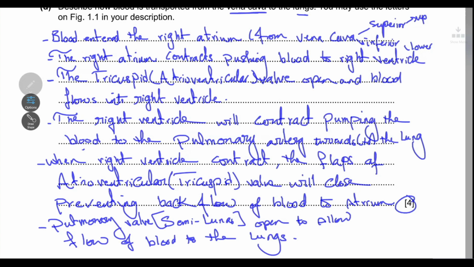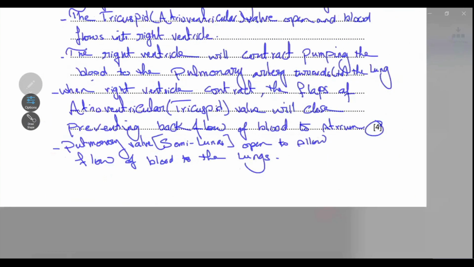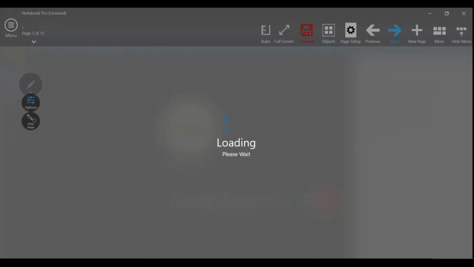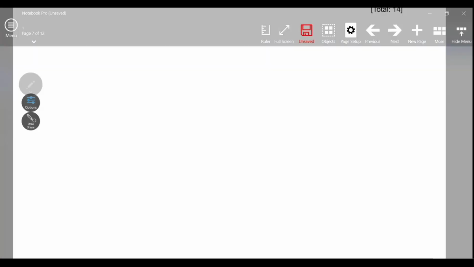Okay, so this is the complete answer for this question. Let's move to the next part of the question.